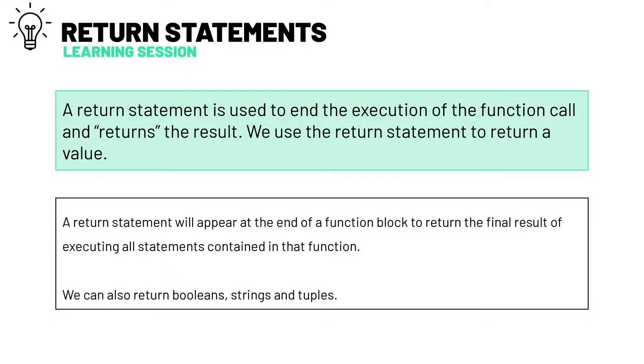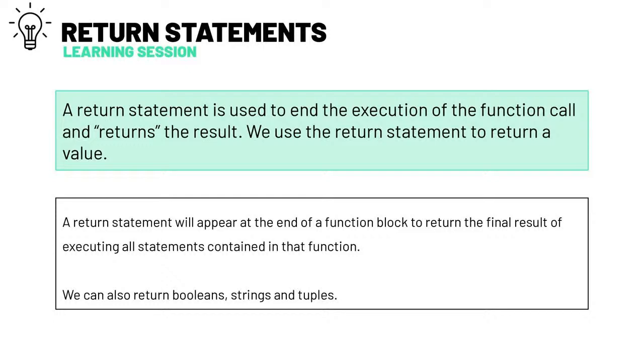You can also return booleans, strings, and anything else that we've been through in previous weeks. A return statement is basically the result that we get from a function when it runs. That is something to keep in mind, because you will come across return statements, you might have to use them, and it's always good to keep that in mind.